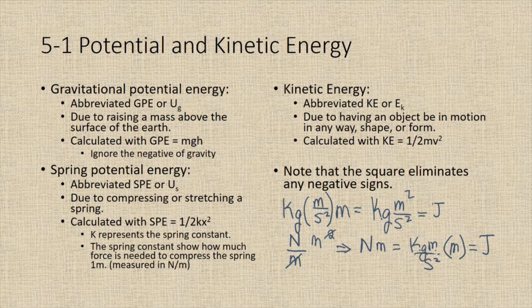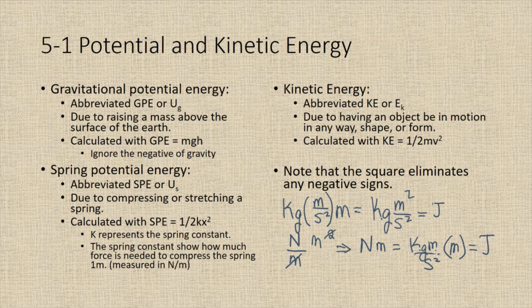Lastly, we see kinetic energy, abbreviated KE or capital E sub K. Kinetic energy comes from any object that is in motion in any way, shape, or form. And we calculate kinetic energy by taking half of the object's mass times its velocity squared.